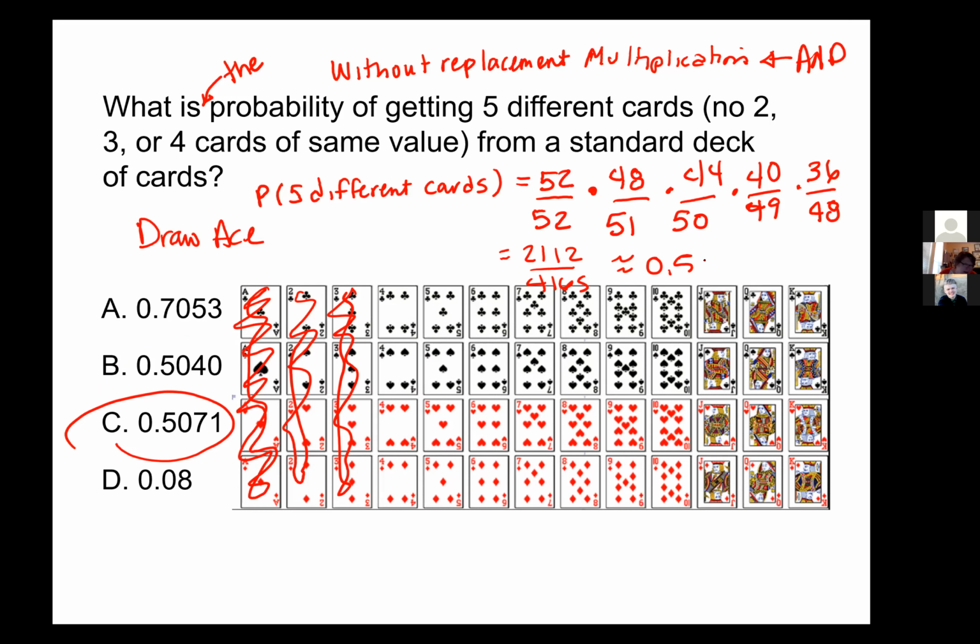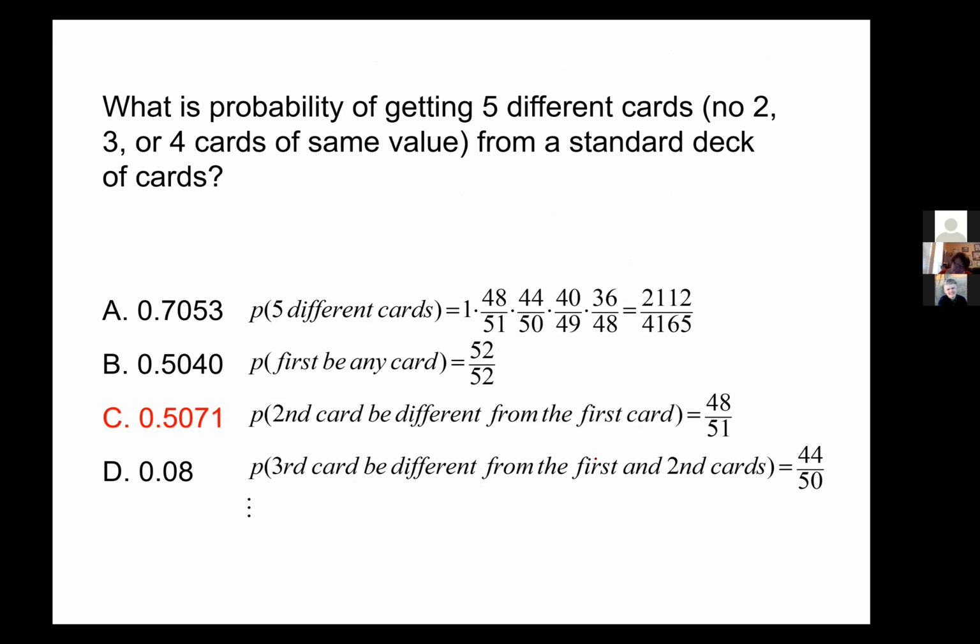The reason I'm questioning myself is that on my paper, I have 0.7053. Yeah, I don't think that's right. So somewhere when I calculated it on my paper, I got the wrong calculation. I'm glad I did it with my calculator. Okay, 5071.